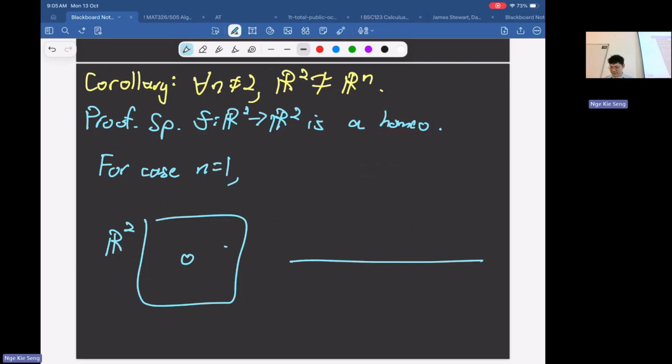Then under this map, I should remove one of the points here. So this case is easy. On one side you have a connected space. On the other side, you cannot connect. So in this case, this is pretty obvious.